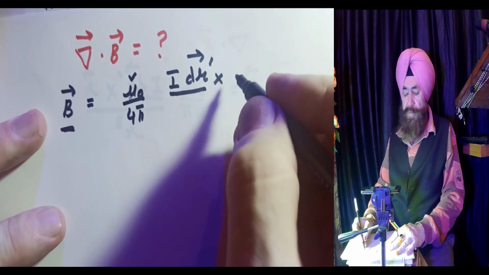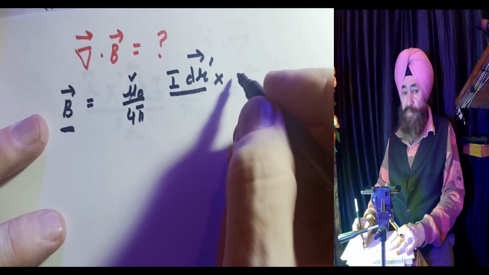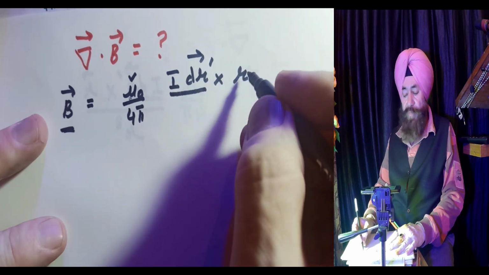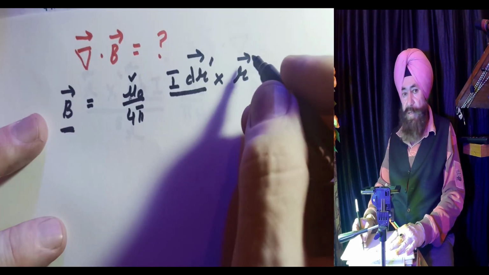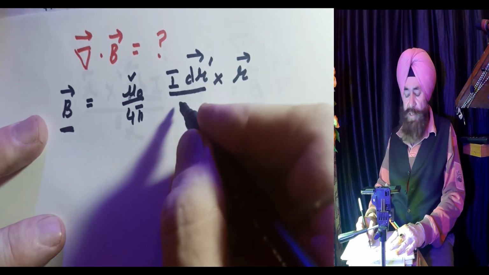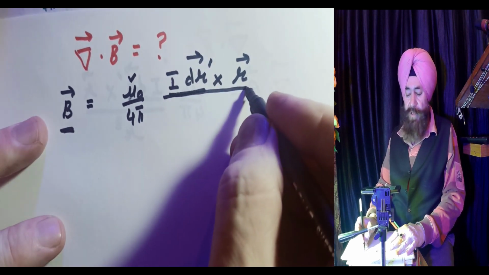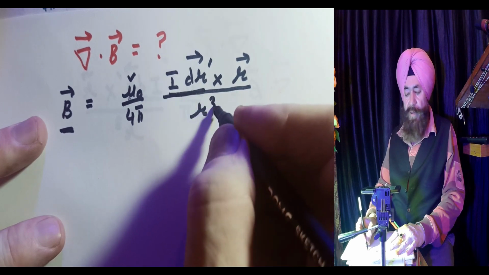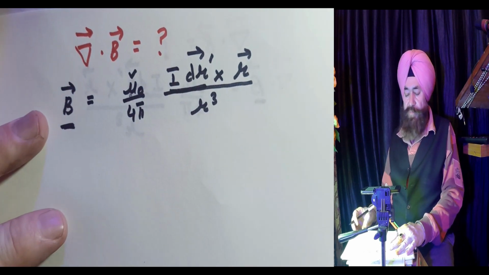Then cross r vector, where I am finding the field, at a position vector r vector, at a distance r vector from the origin, then divided by r cube.